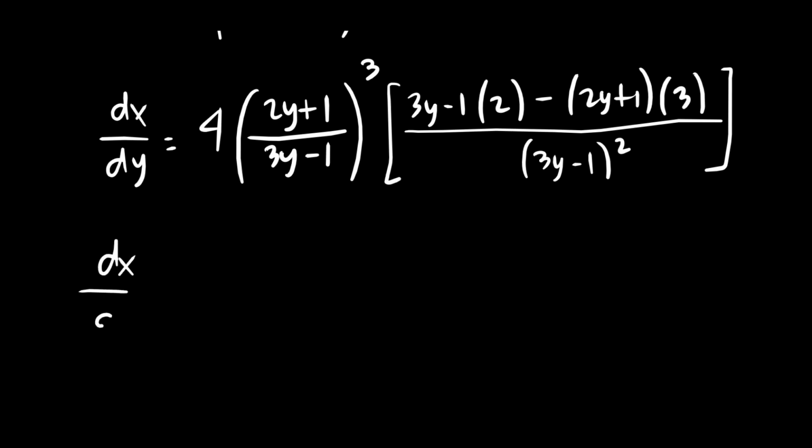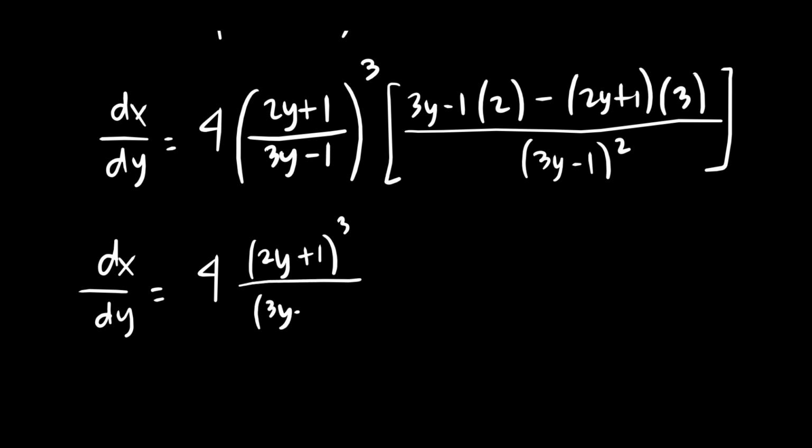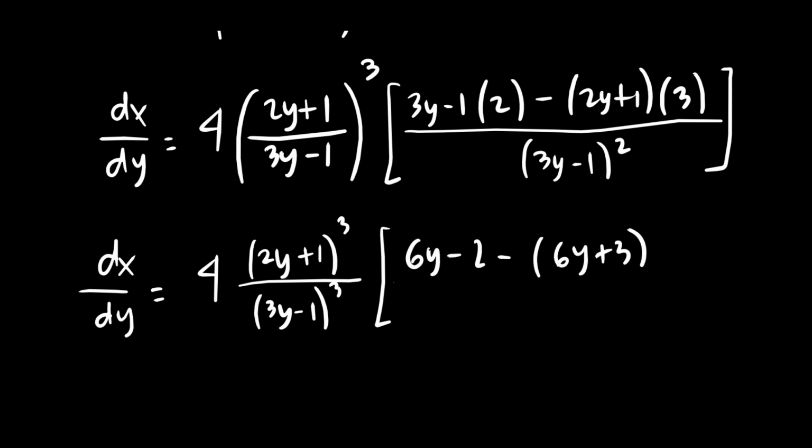So dx over dy is equal to 4. So just copy 2y plus 1 cube all over 3y minus 1 cube. So we just simplify this. So 6y minus 2 minus 6y plus 3, all over 3y minus 1 squared.